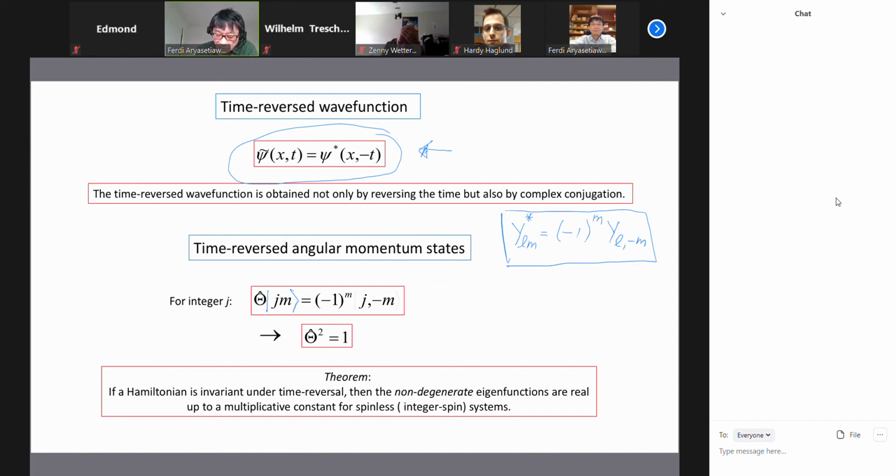If I look at that here, so j equal to L here, that is then just the complex conjugate.